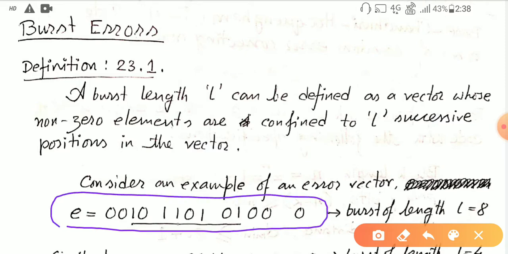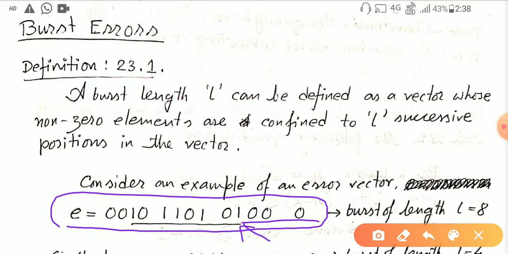That is, E is given as 0010 110101 000. If you want to identify the burst length, at first you have to check the LSB side and the MSB side where the 1 is present.